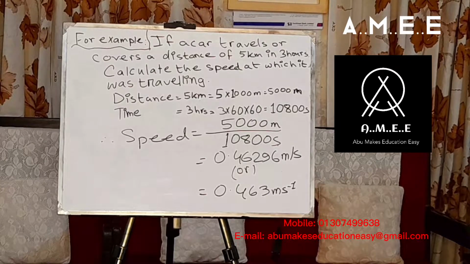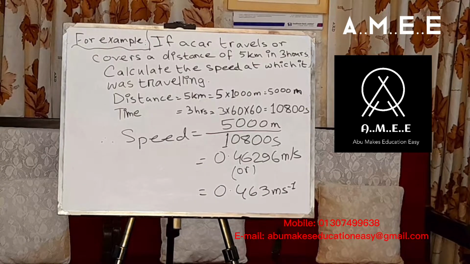You can see that the meter per second in both answers is written differently. You can write m/s, which also shows meter per second, or m into s to the power of minus 1, which also shows meter per second.